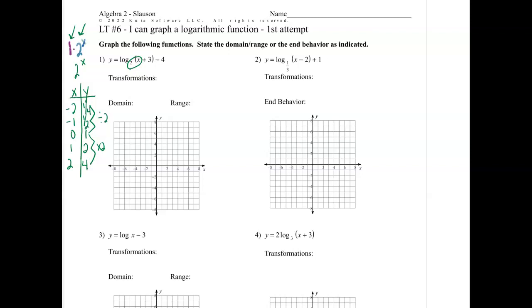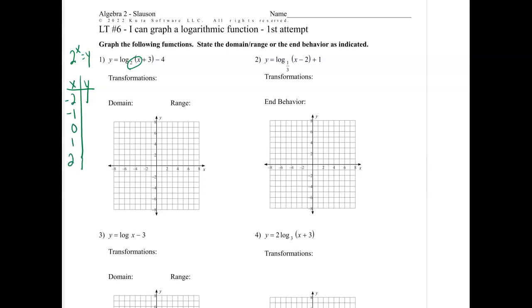Now the other way to think about it, if you don't want to use the 1 times the 2 to the x, I'm going to do a little erasing here, is again, I would think of this as my table of my x and y's, and I'm going to use 2 to the x power to make y.